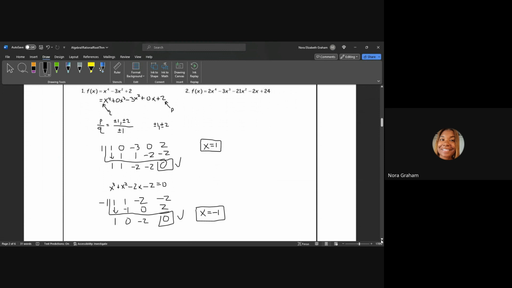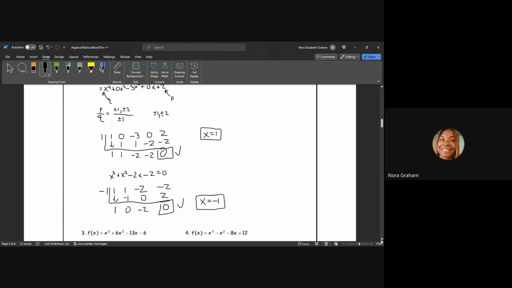So now let's do another one. I don't want to run out of room, so I'll go over here. Okay. So now, again, my last one was to the third, so I know this new polynomial I'm going to write is going to be 1 degree lower. So this one belongs to x squared.